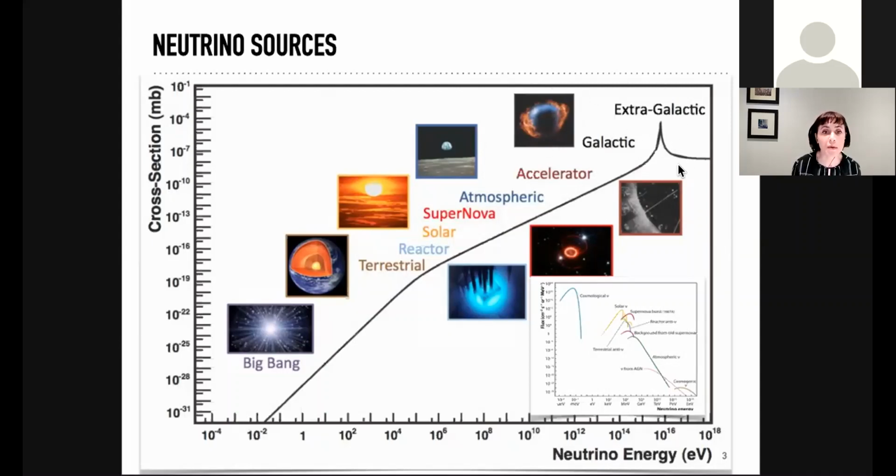But they can also be human-made. They can come from reactors, from the fission reactions, where you have neutrinos in the final state. They can come from supernova neutrinos and other sources. So they span a wide range.